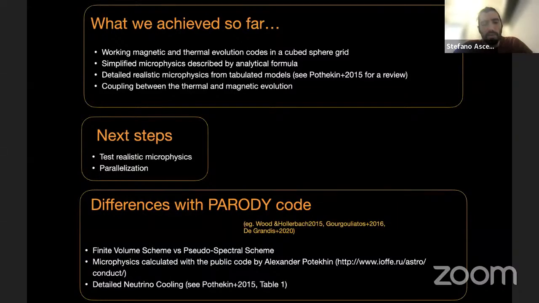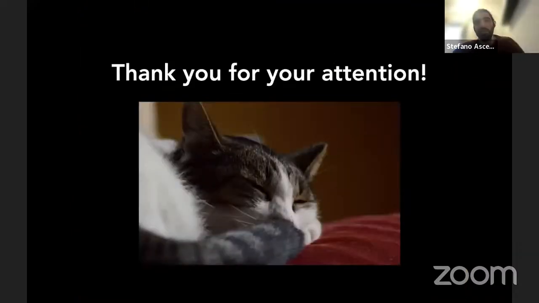Another important point concerning the microphysics: while we can exploit these tabulated models for the microphysical quantities, this is more difficult for Parody, which can now use only simplified analytical formulas for the microphysics. So we expect to be more detailed in this aspect. So basically, this concludes my talk, and thank you very much for your attention.